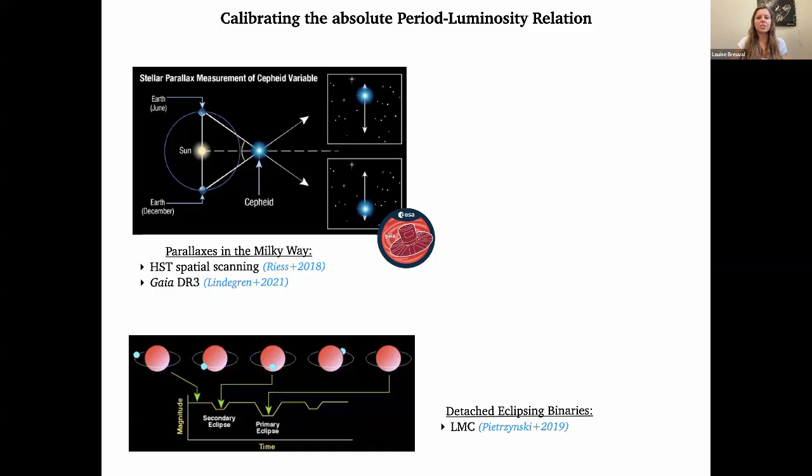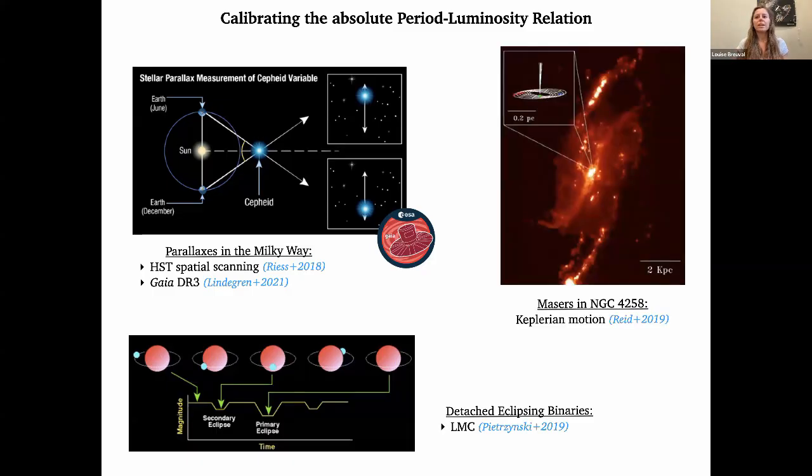The other method in the Magellanic Clouds is eclipsing binaries. It's completely independent of parallax, and it's a purely geometric method. And the last method is to look at masers. This is in NGC 4258, and these 3 galaxies, which have independent distances, are what we use right now as the anchors of the distance ladder.